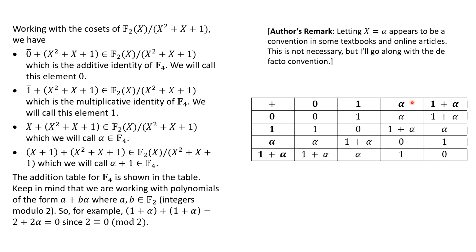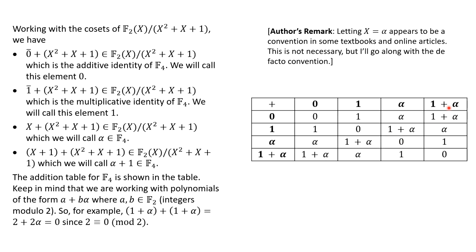And then 1 plus 1 plus alpha: the 1 plus 1 is 2, so that cancels out, and you just get alpha here. Then you would get the same things going down this way, right? This is a commutative group. And alpha plus alpha is 2 alpha, but 2 is 0, so you get 0 here.